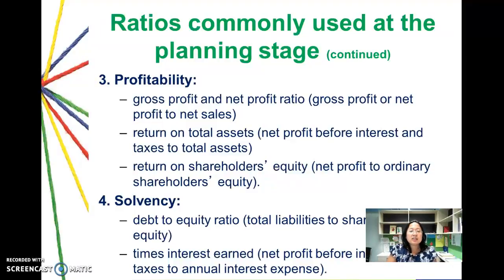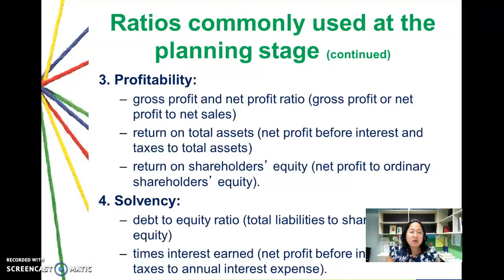Return on total assets means for every dollar of total assets, how much return or profit the company has generated. Return on shareholders' equity is similar: for every dollar that the shareholders or owners have contributed, how many cents is their return, right?